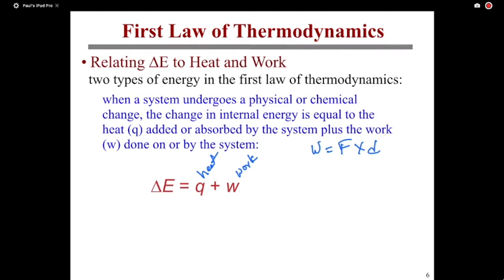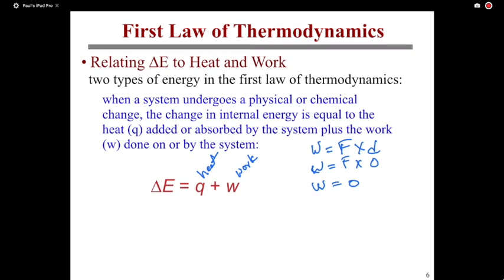Did the test tube get up and walk a certain distance because you mixed the two solutions together? No. In most general chemistry reactions, the distance that is moved is 0. 0 times any number equals work is going to equal what? Equal 0.